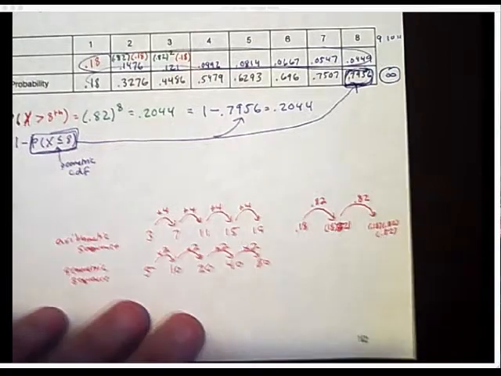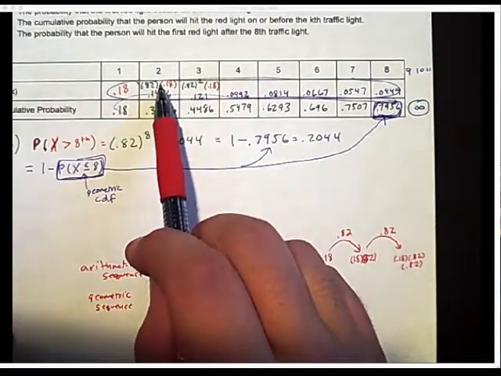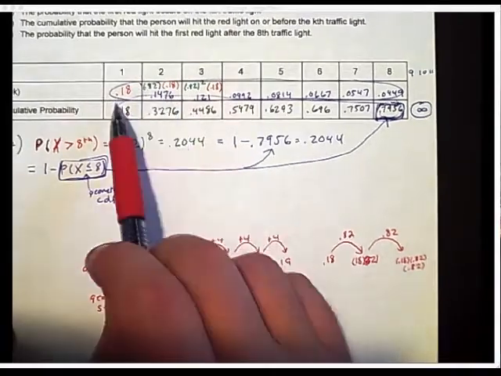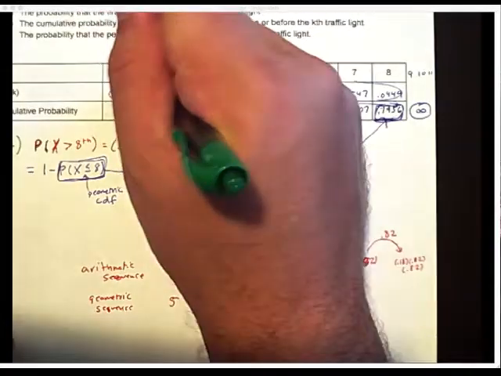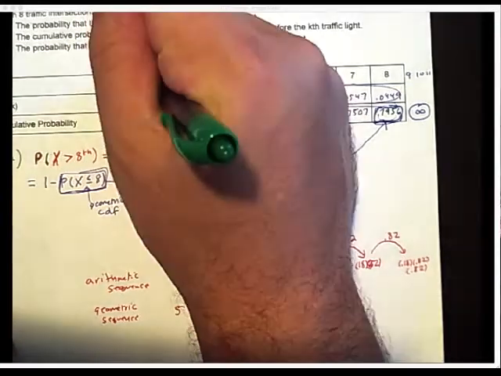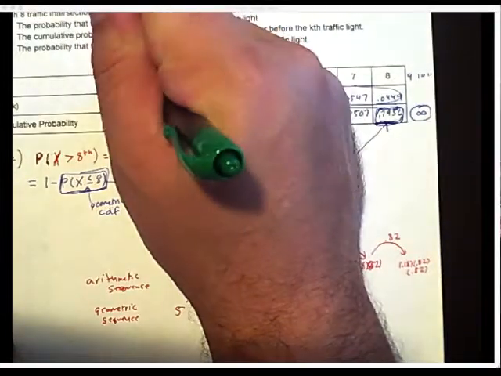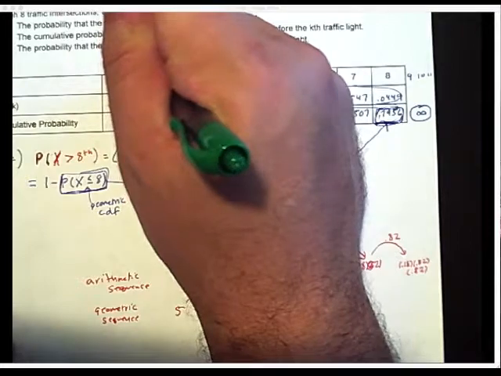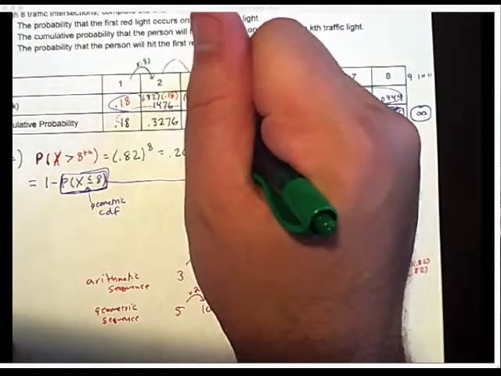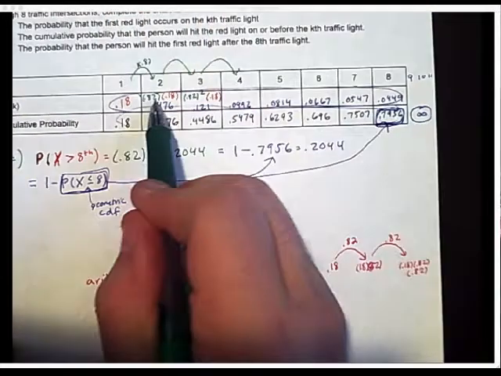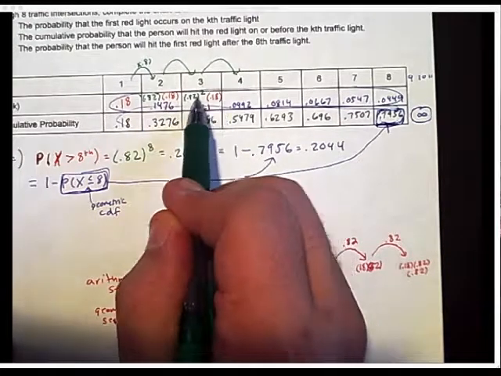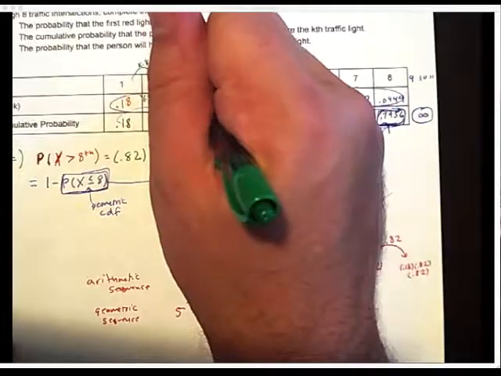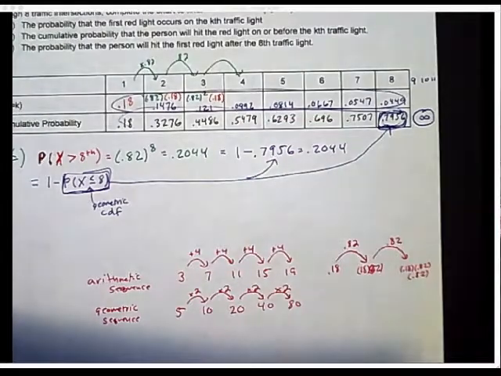And that's why this thing is called a geometric probability distribution. Because every time I go one more light, that means I went through another green. So when I go from here to here, I need to multiply times another 0.82 every time. Start with 0.18, and then 0.18 times 0.82. Then 0.18 times 0.82 times another 0.82. So that's why it's called geometric. Hopefully that helps.